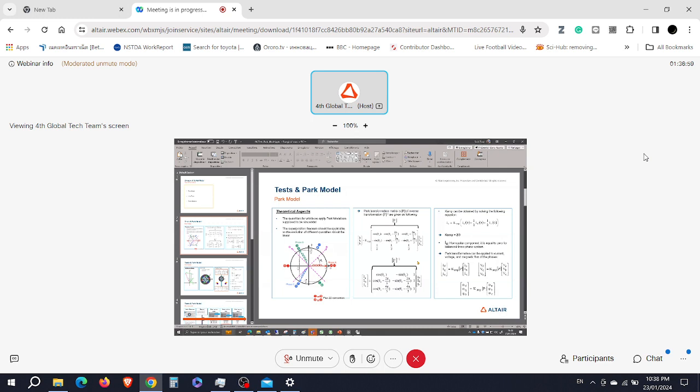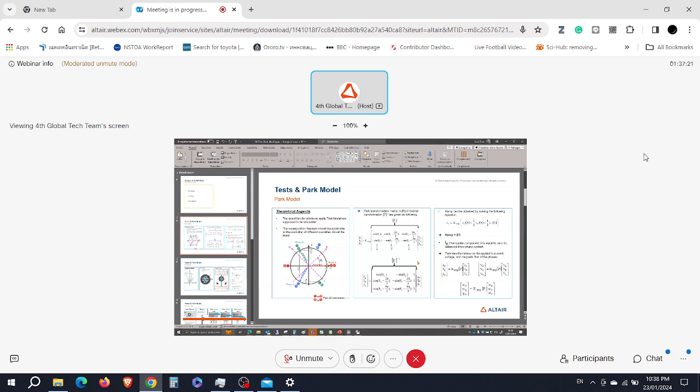In synchronous reluctance machine we have only three phases, but you can imagine for a wound rotor induction machine, you have three phases on the stator, three phases on the rotor. Then the matrix will be really big because you have mutual inductances on the stator, mutual inductances on the rotor, and mutual inductances between the stator and the rotor.